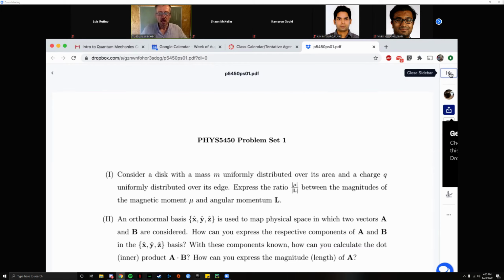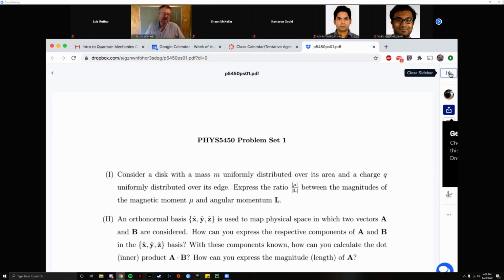And so the first question is very similar to the first question in the homework. In the homework, you are asked to consider a solid sphere whose mass is uniformly distributed, and that sphere is charged on the surface. And you're asked to calculate the ratio between the magnetic moment and the angular momentum of that sphere.